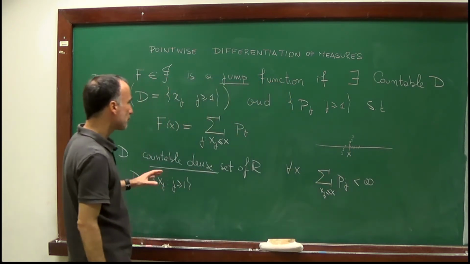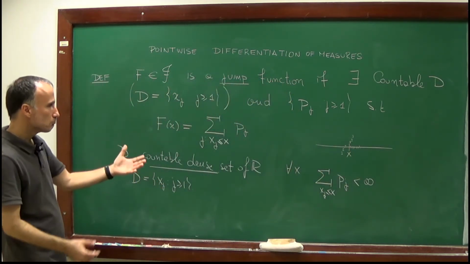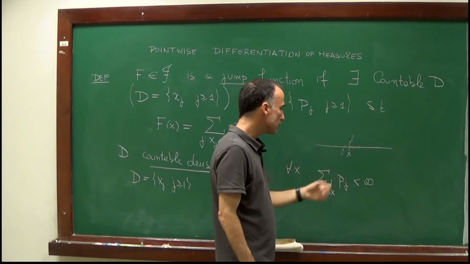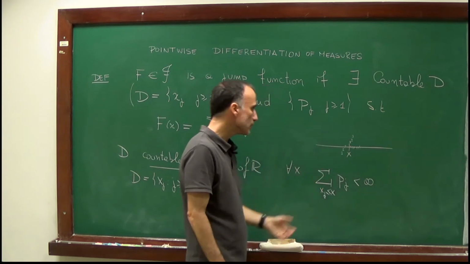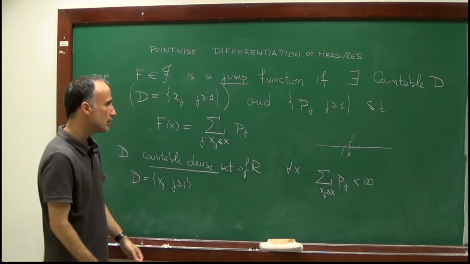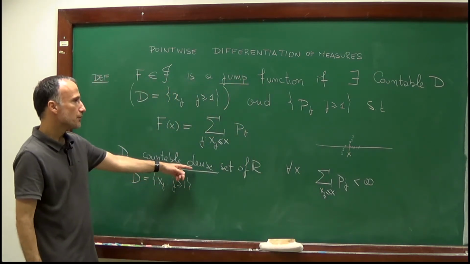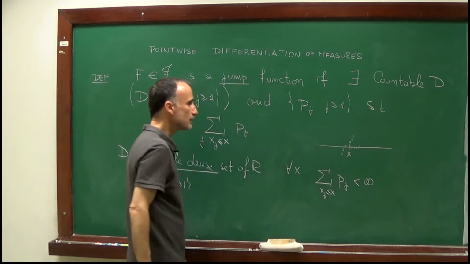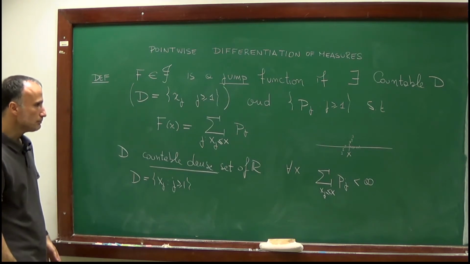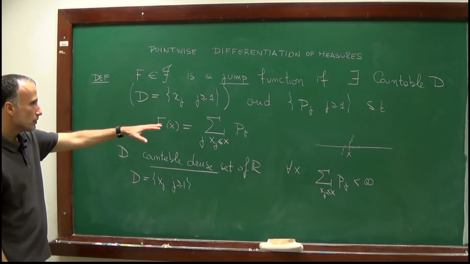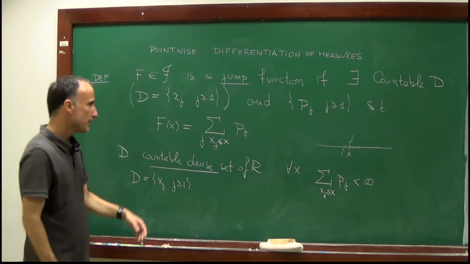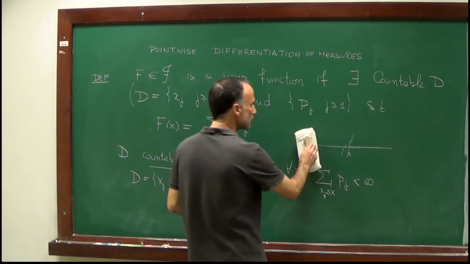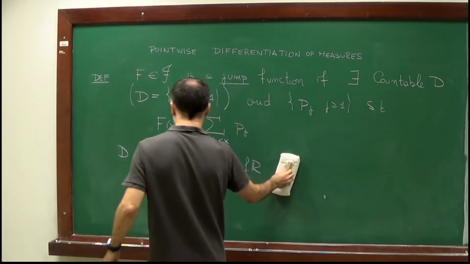If you think a bit, it's difficult to figure out how this function really looks if your set is dense, or if you have an accumulation point of jumps at one point x. So, though the definition is quite simple, these functions may be quite complicated to draw, for instance.